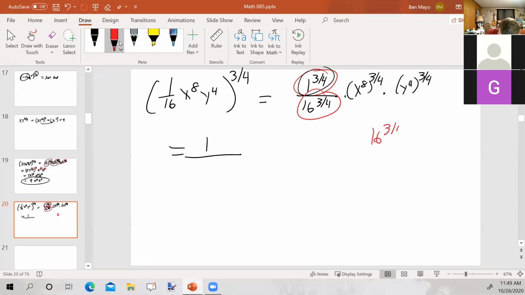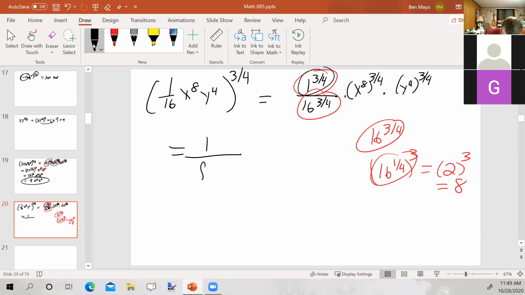Well, we could do the 1/4 power, and then the cube. What's the 4th root of 16? 2. What's 2 cubed? Would it be 8? Yeah, so 16 to the 3/4 power is 8, because the 4th root of it is 2, and 2 cubed is 8.